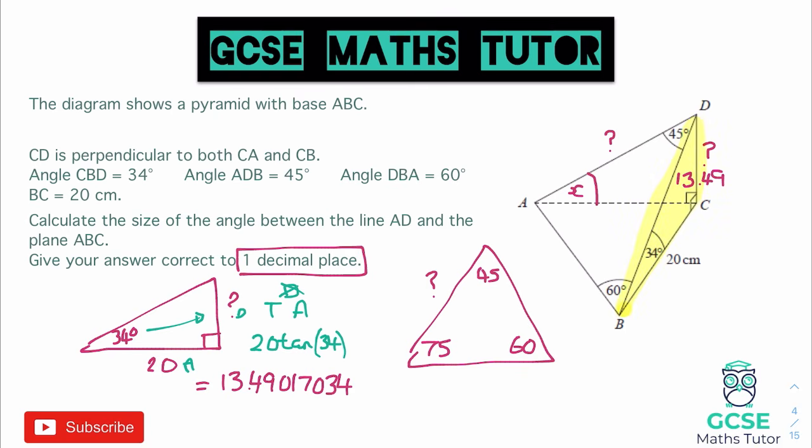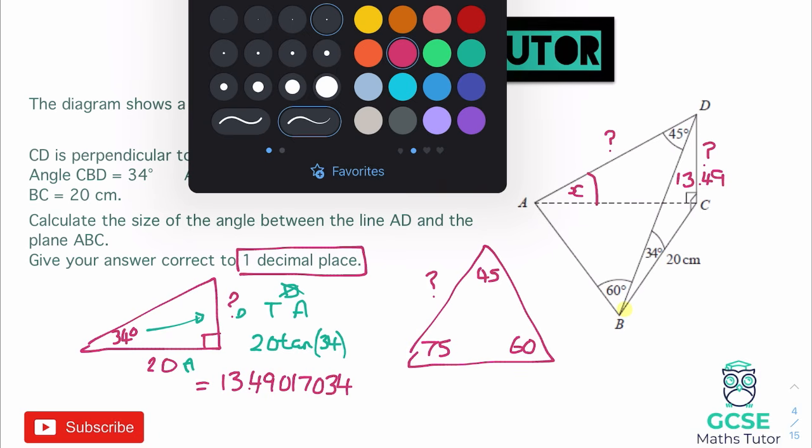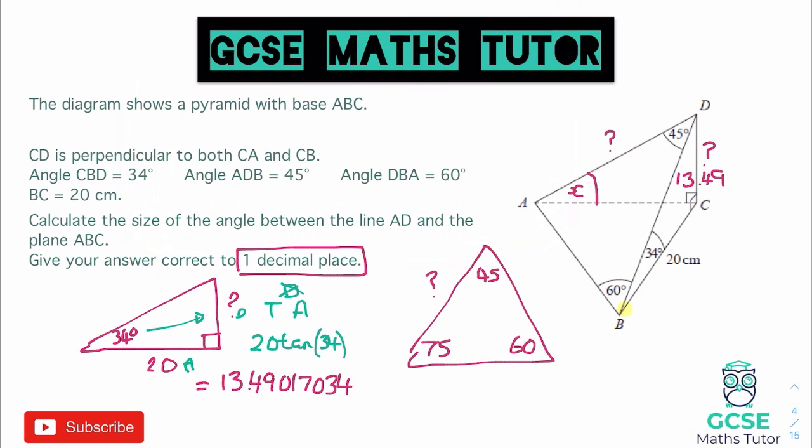We already have two of the lengths for that triangle. So if we go back to our first triangle, how do we work out this length just here? Well, we can do that by using Pythagoras, because we've got the height and we've got the base. So if I apply Pythagoras to that, we would do 13.49 squared. We're going to find the longest side, so we're going to add 20 squared, and then we're going to square root our answer.